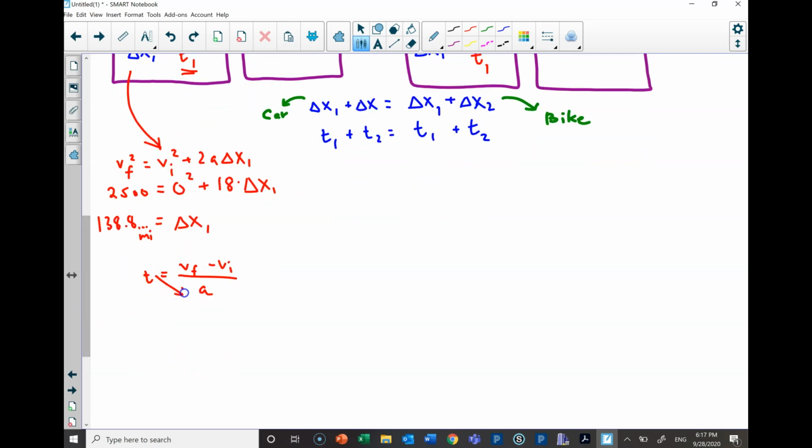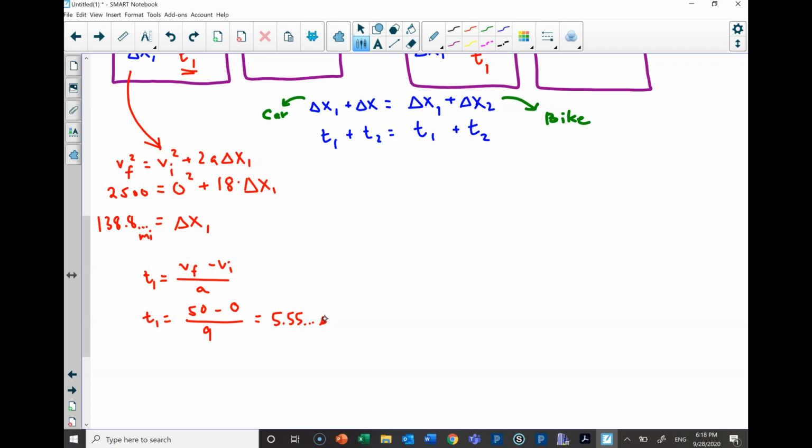And we ended up just flipping these two. So when we solve for the time t1 of the car, final speed was 50 miles per hour, the initial was 0, and the acceleration was 9. So 50 over 9, that's going to be 5.5 repeating.